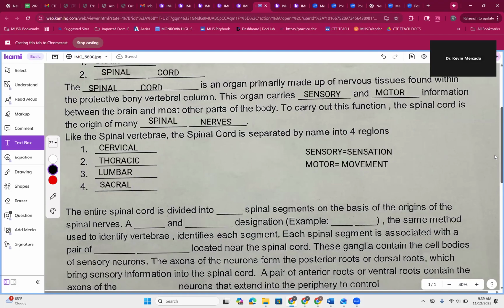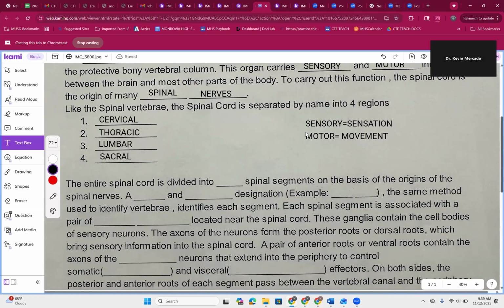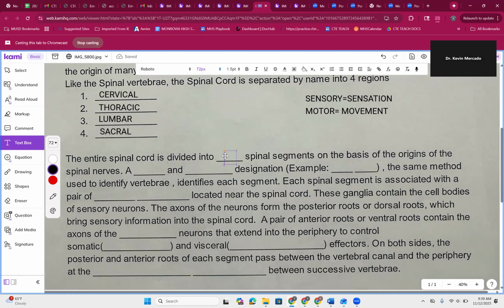The spinal cord is divided into 31 spinal segments. So there are more spinal segments in the spinal cord than there are vertebral segments. Vertebral segments, there were 24. They are named on the base of origins of the spinal nerve.